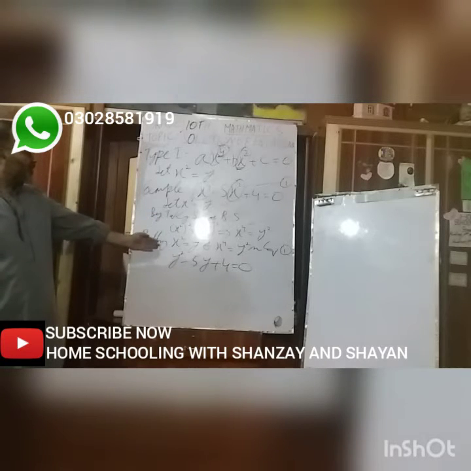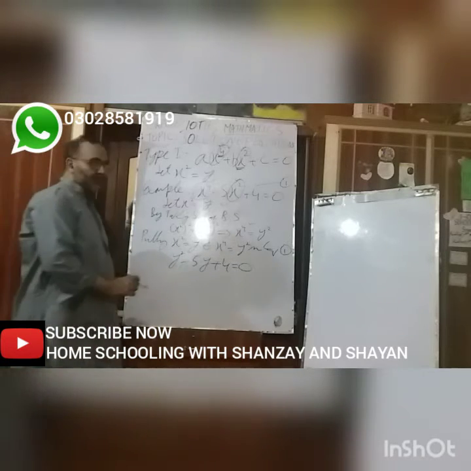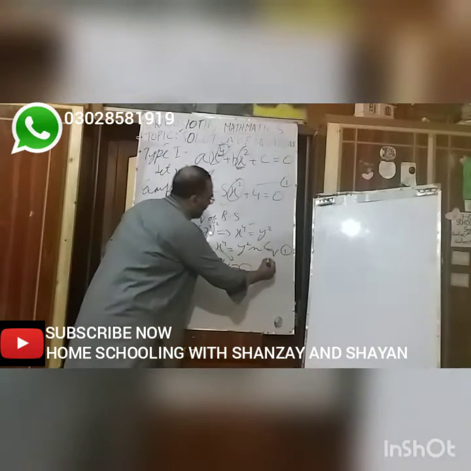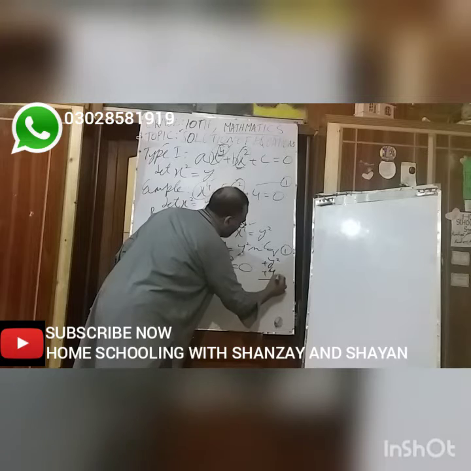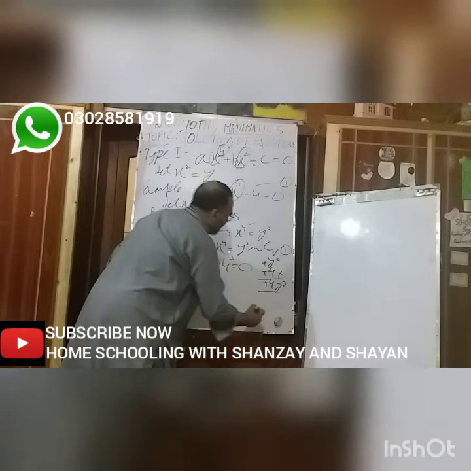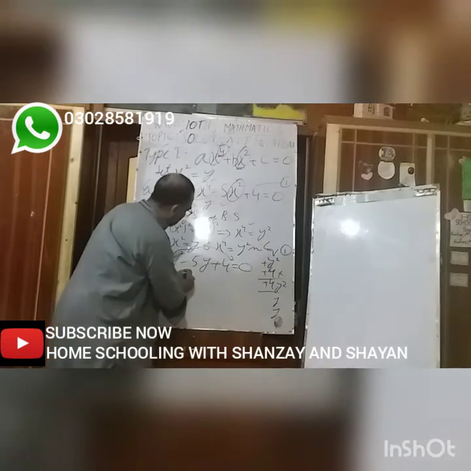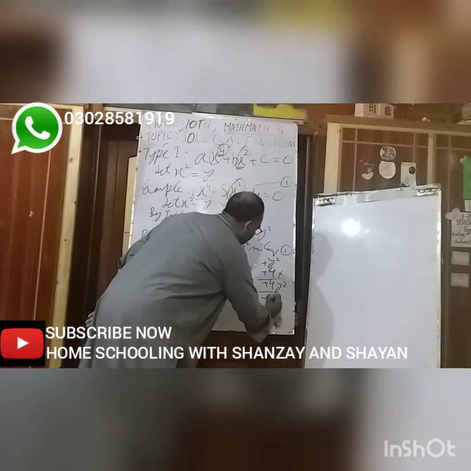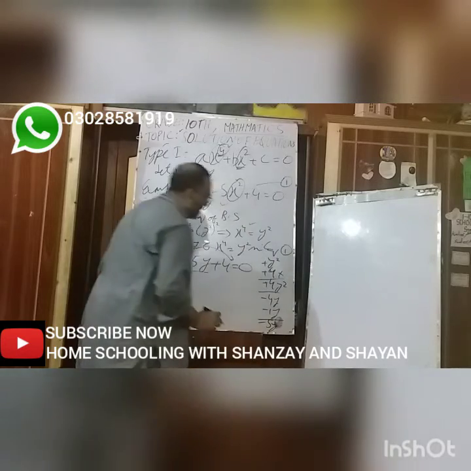So we will solve it by the factorizing method. So in factorizing method, you will multiply the first term with the last term, y^2 into 4, so plus 4y^2, and you will make two factors of this, that you will get minus 5y. So minus 4 minus 1, this is minus 5y.